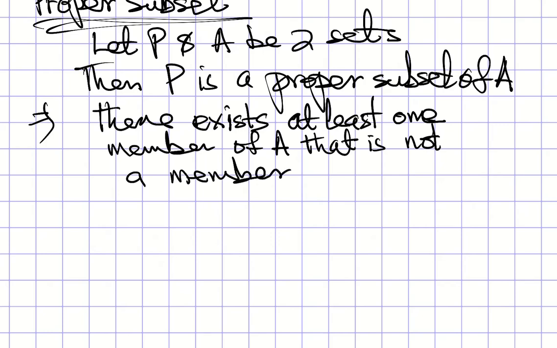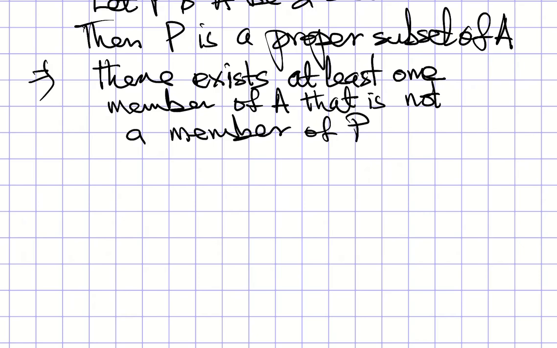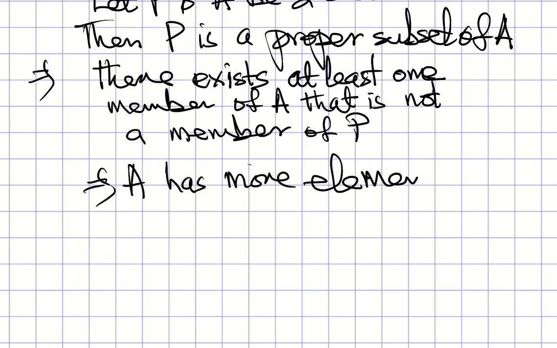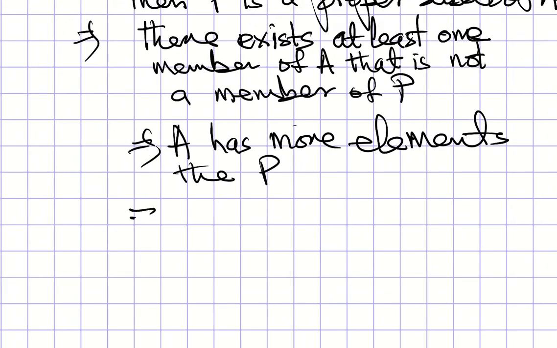Alright, I'm going to explain what that means, a member of P. Basically, that means that A has more elements than P, right? Another way to see it, the cardinality of A must be greater than the cardinality of P. That's what that means.